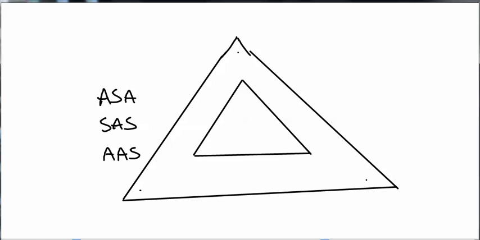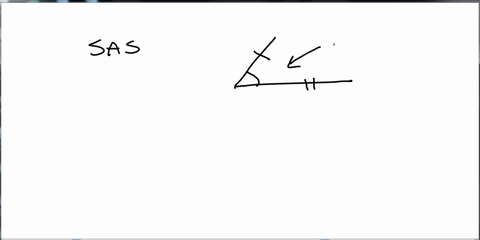Couple other things that you need to understand. Side, angle, side. That's a side. That's a side. That's an included angle, and that's a side. That is a picture of an included angle. Clear?